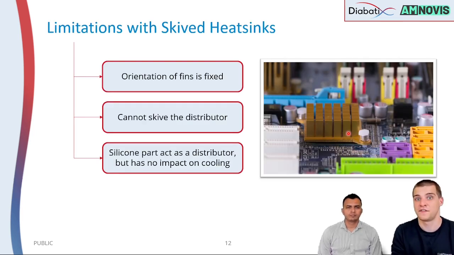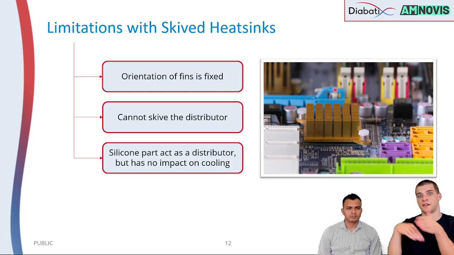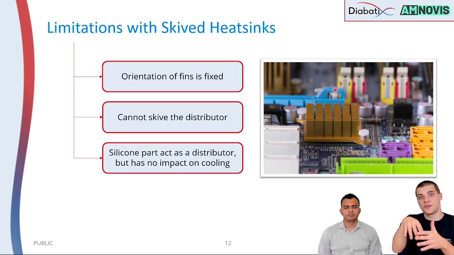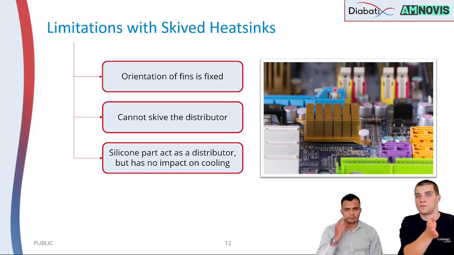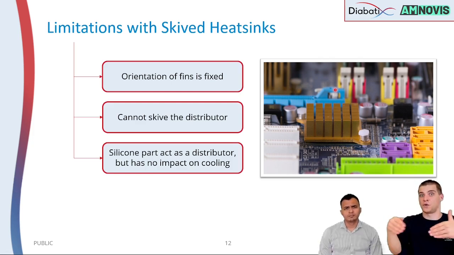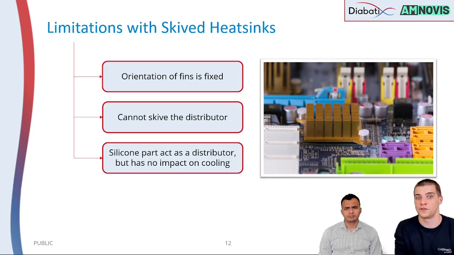Skived heat sinks have the following limitations. First of all, as you might imagine, the orientation of the fins is fixed. Once you start skiving those fins, the orientation is fixed. You can't skive any distributor as well. So once the flow enters in between the fins, it can't be redirected inside the bounding box of those fins.